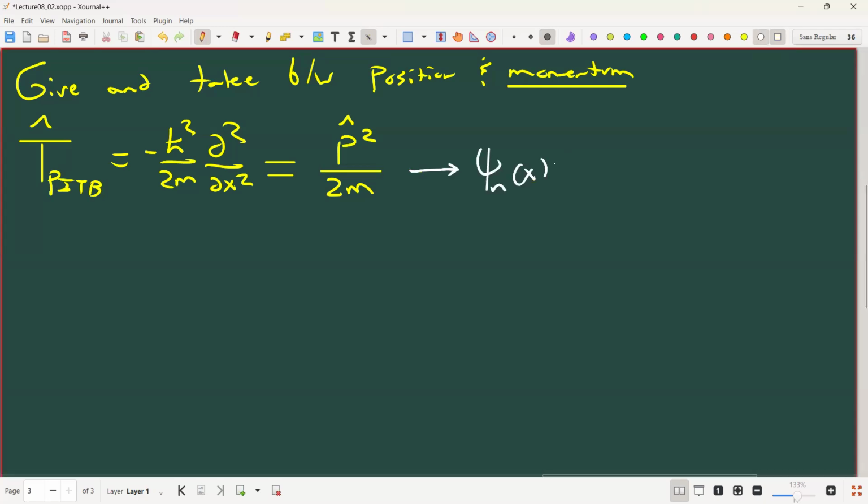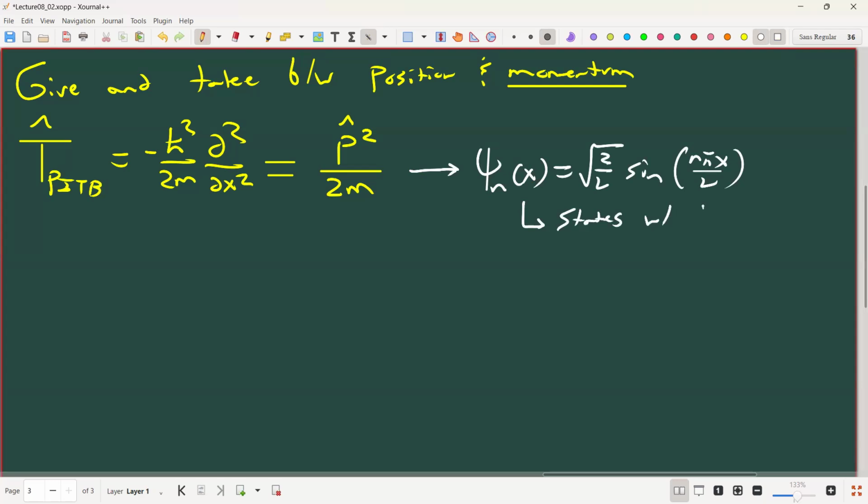So when I say that sine n of x, these functions that we derived, 2 over L sine n pi x over L, these are states with defined momentum squared.